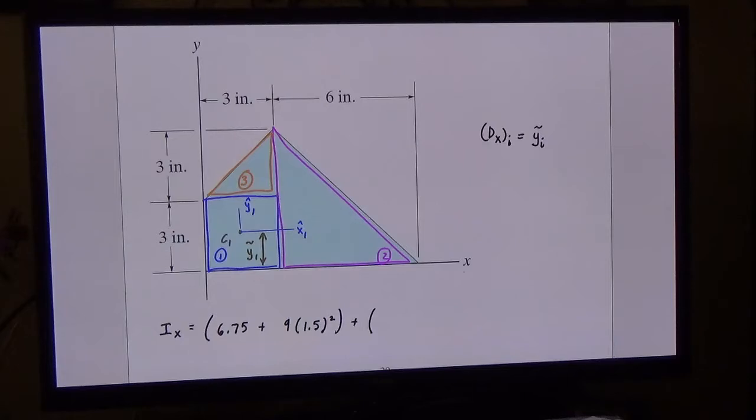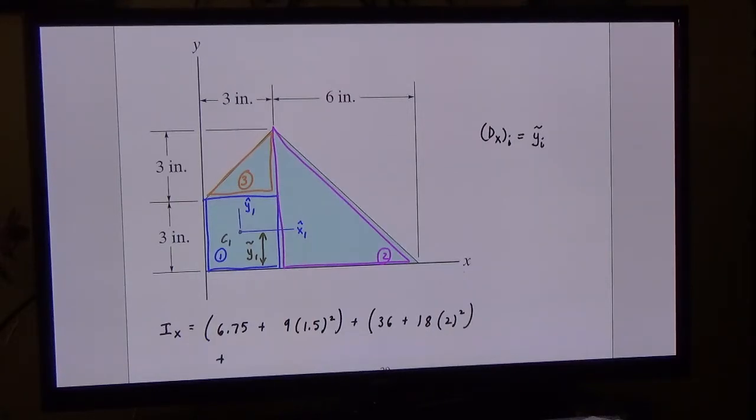For part 2, I have I about x hat, 36, plus area 2, 18, times its distance squared, which is y2 tilde, 2.